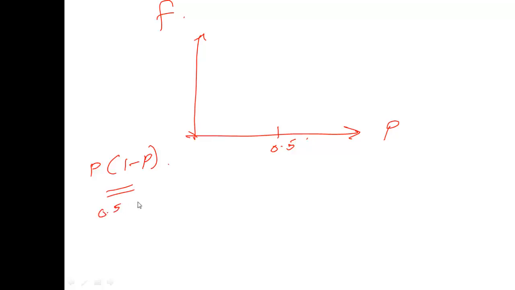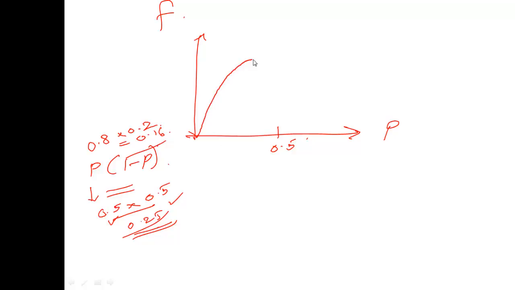If I have 0.5 as P, then 0.5 into 0.5, that would be 0.25. And if I go for taking probability of being at 1 is more and the probability of being at 0 is less, it's going to be 0.8 into 0.2, which would be 0.16 only. So for no other values other than this 0.5, I would have the maximum frequency happening. Therefore, the frequency, if I plot, the maximum would be happening at 0.5, and that would be the 0.25 frequency for the F value.